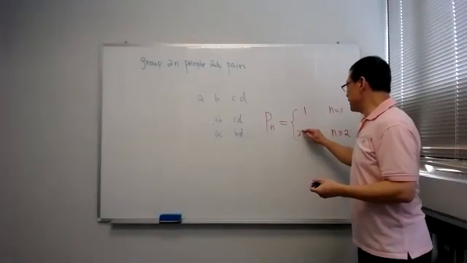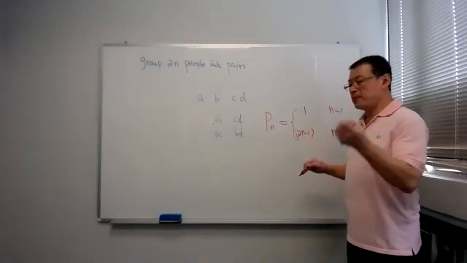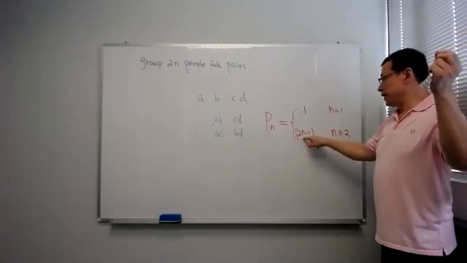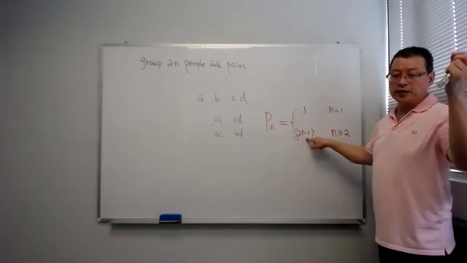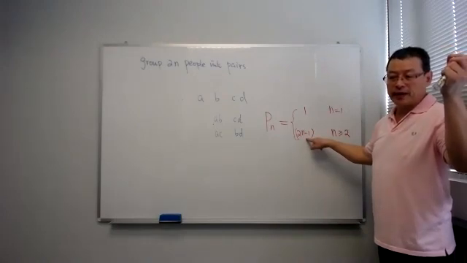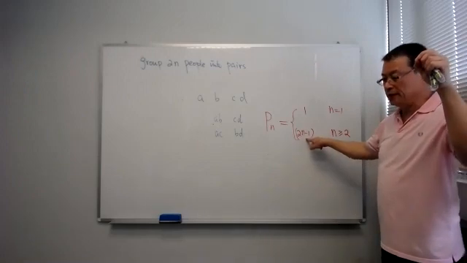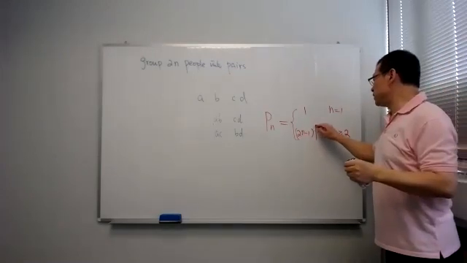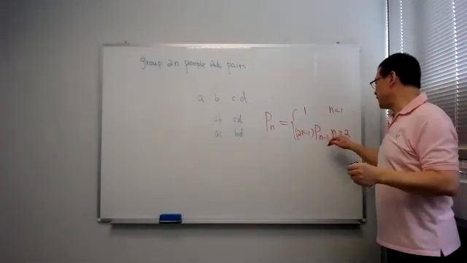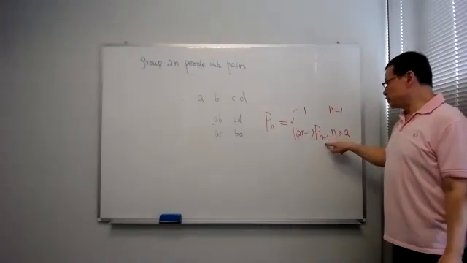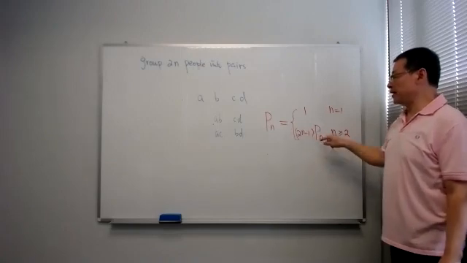So there are 2n minus 1 ways for a particular person. Once we have done this pairing for a particular person, then the problem will be Pn minus 1: the number of ways for grouping 2n minus 2 people into pairs. So that's the recurrence we have.